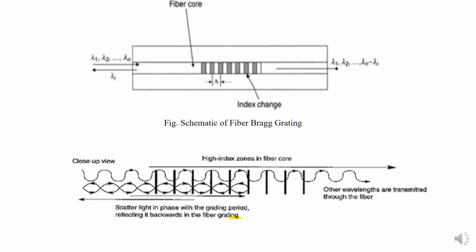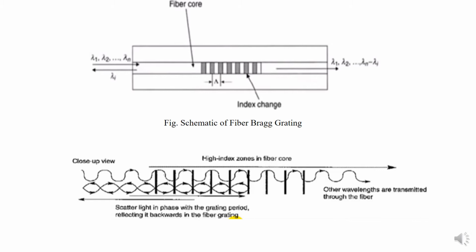We need to understand the close-up view of the fiber Bragg grating. When light with many waves is launched into the fiber Bragg grating, the second figure shows the close-up view to understand what happens when the waves pass inside the gratings.